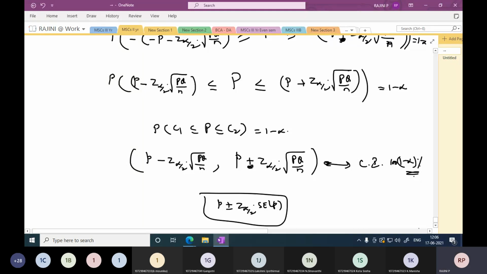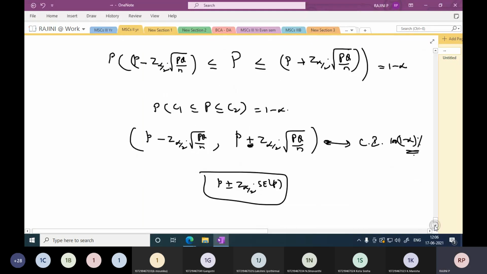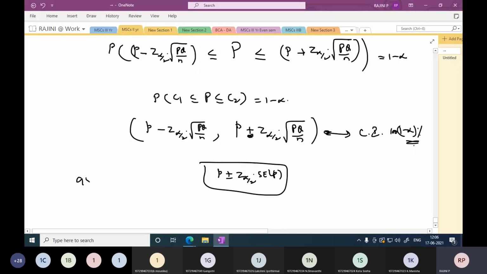Suppose I ask you to find the 95% confidence interval for a single proportion. This is my question. Then what do you have to do? Think and tell me. Here, 100 into 1 minus alpha percentage is equal to 95 percentage.